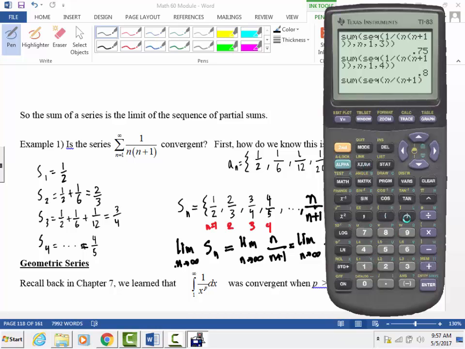This is the nth term of our sequence, comma, n. Now how many terms do we want to add up? 20? Yes. So comma 1, comma 20.